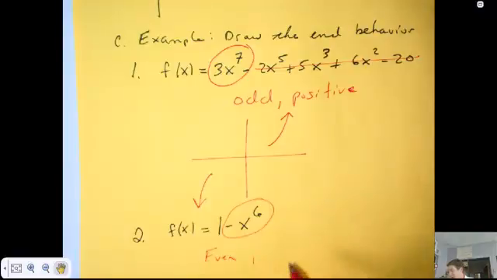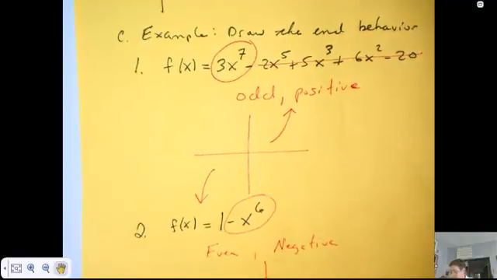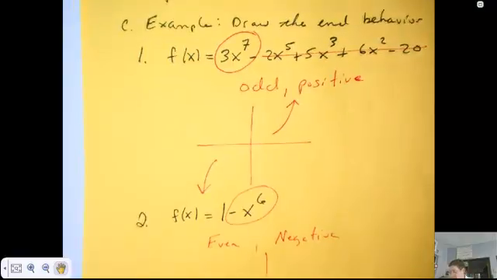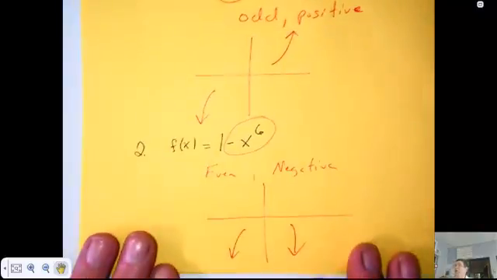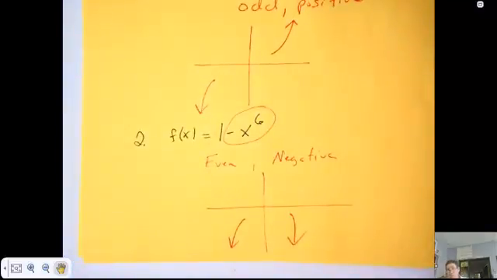And is it positive or negative? Negative. So what's my end behavior look like? Both are down. Again, I remember that being like, if this is a quadratic and I have a negative x squared, they're both down. This is the same thing. Any negative even power is both down.